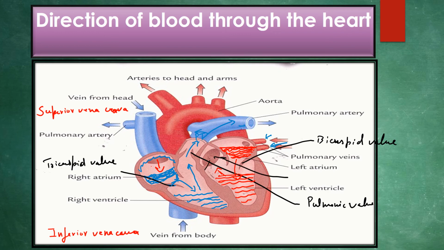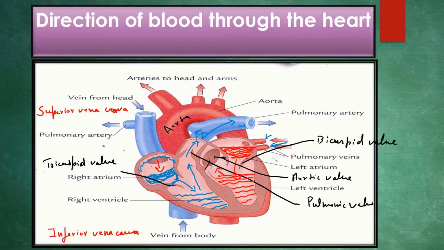Due to this pressure, the valve situated between the aorta and the left ventricle opens, and this valve is known as the aortic valve. Through the aortic valve, blood goes to the aorta.